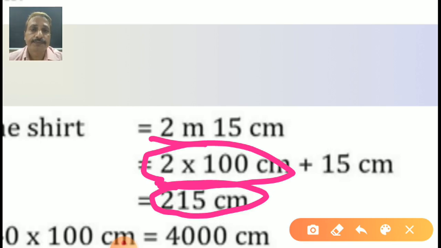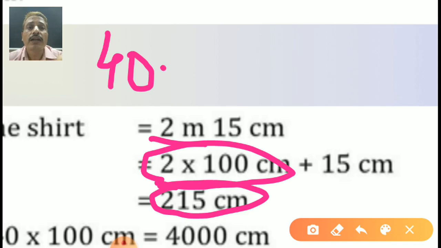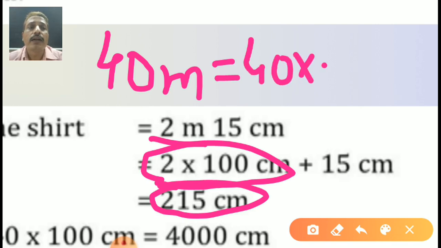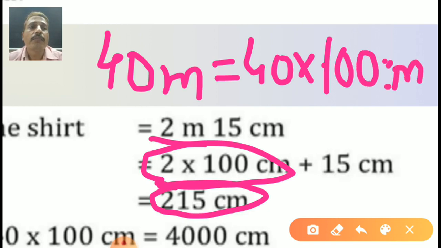One shirt. How many meter of cloth is there? 40 meter. Student, 40 meter cloth is there. So meter to centimeter: multiply this 40 with 100 and put the unit centimeter, cm.